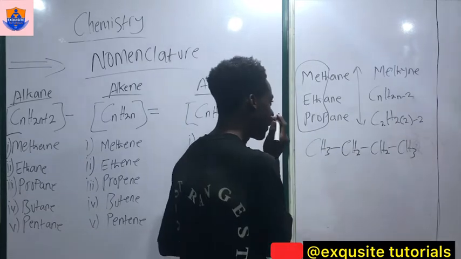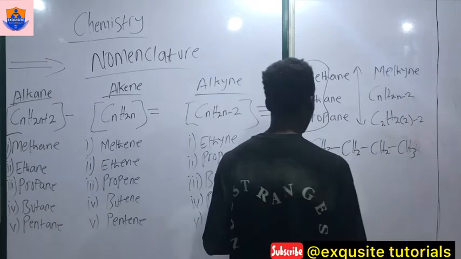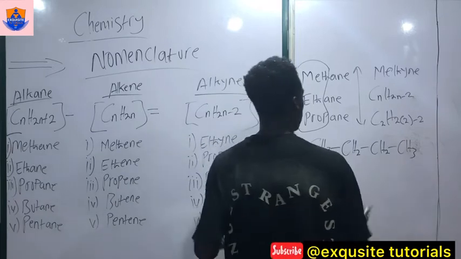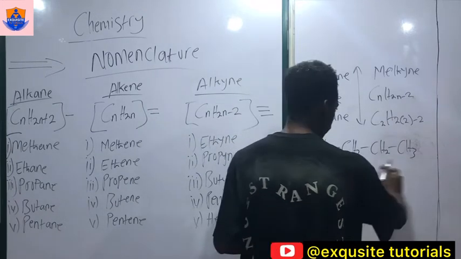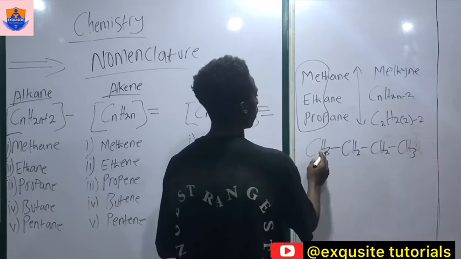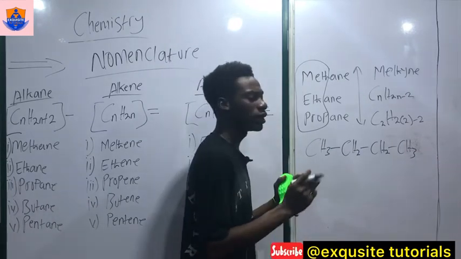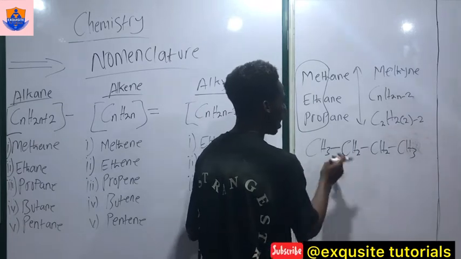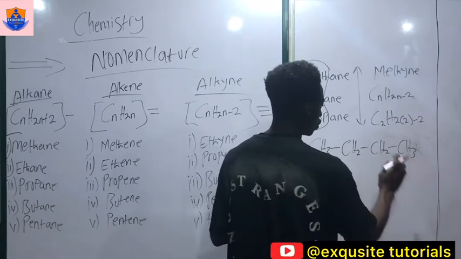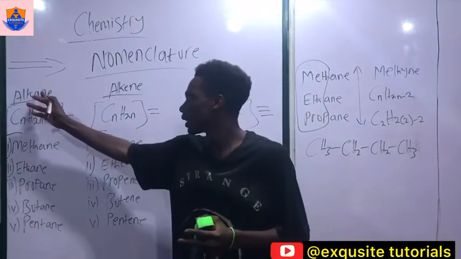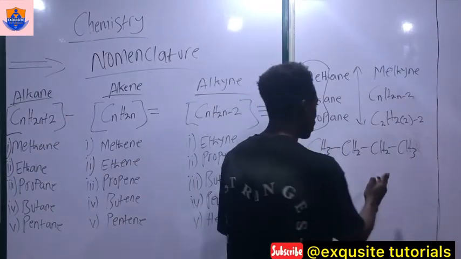Now this is a butane molecule, a butane structure. How do we know this is butane? First of all, the compound here has single bonds, and I told you the alkane has single bonds, so this is obviously an alkane.